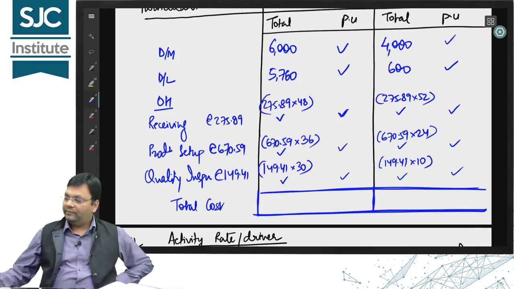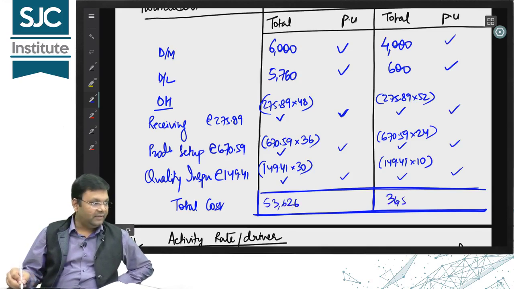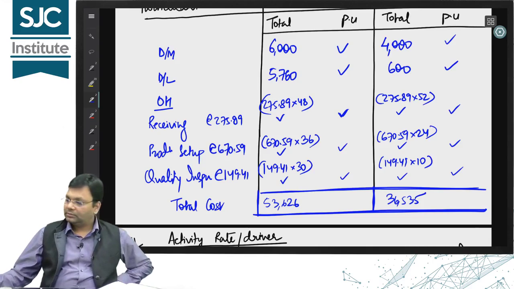Now if you don't give me the answer in a count of 10... okay, I've got the answer. It is 53,626 and 36,535. I've rounded it off. Now divide it by units to get per unit.